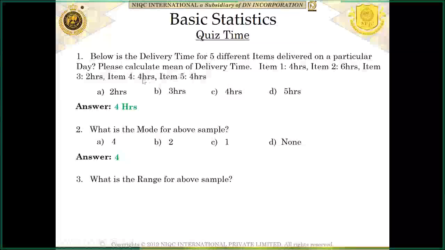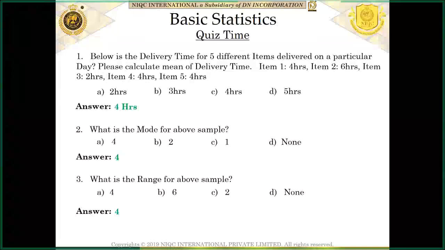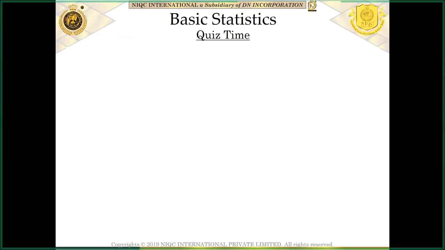Mode is the most repeated data point. Okay. What will be the range? Range is maximum minus minimum. Maximum is 6 and minimum is 2.